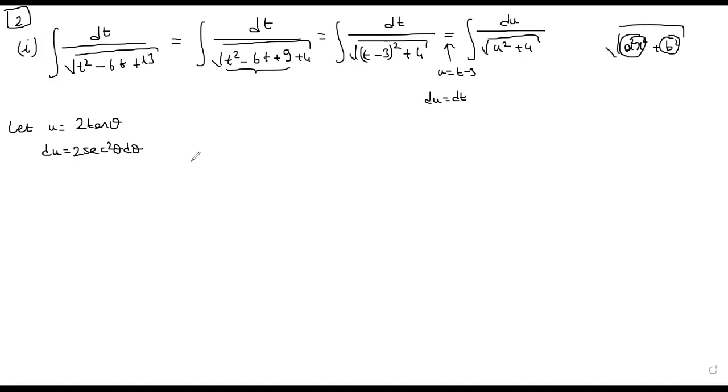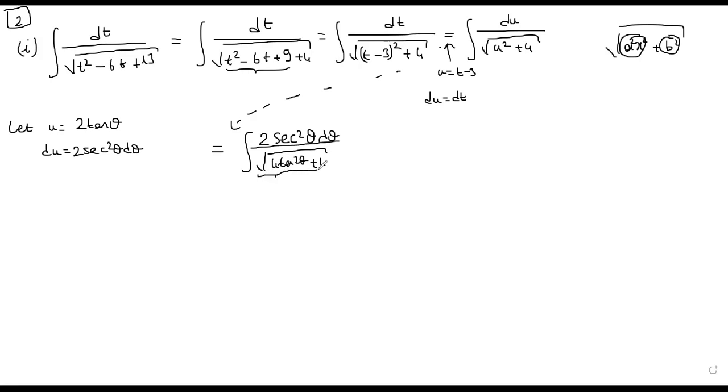So if we continue from here, okay, it's equal to, now instead of du, what do we have? We have this whole thing, so let me write it first. Over, anyways, and inside of the square root, what do we have? 4 tangent squared theta plus 4.